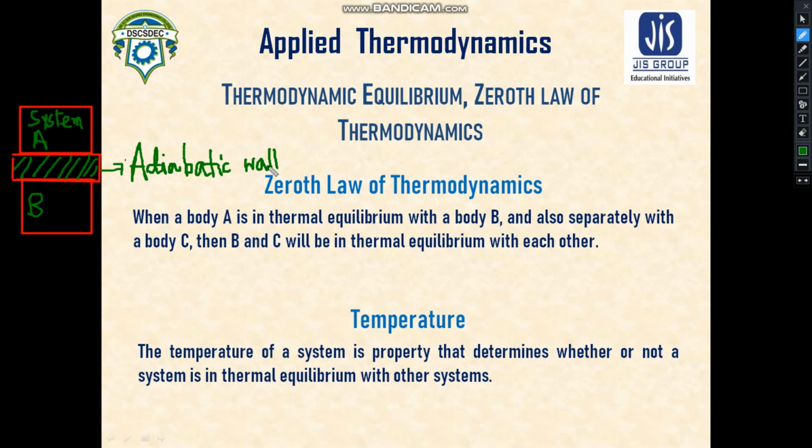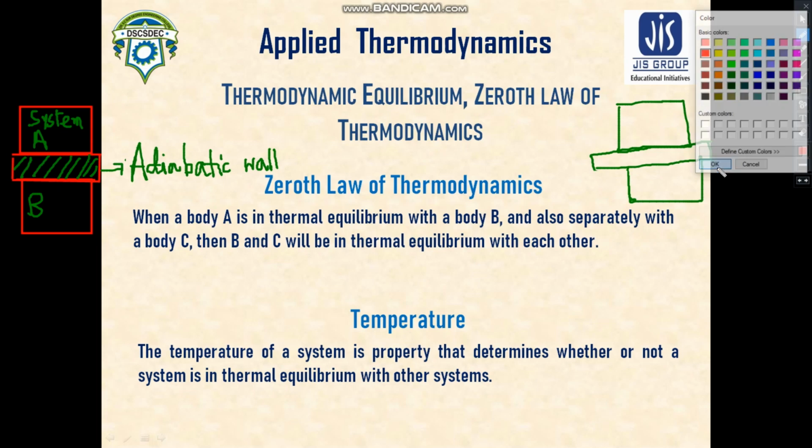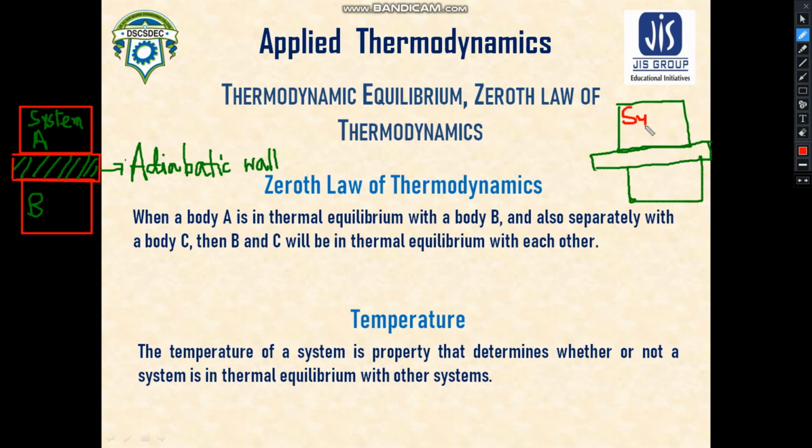Now let us consider these same two systems interacting with each other when there is a diathermic wall present between them. In the first case we had an adiabatic wall, and in the second case we have a diathermic wall.